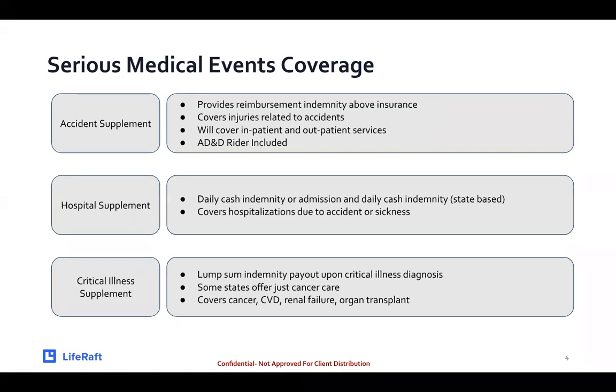It will cover cardiovascular illnesses, including heart attack and stroke, as well as renal failure and organ transplant. So, when we think about each of these lines of coverage, they are really meant to help, again, cover or reduce the out-of-pocket exposure where it is likely your client is going to be hitting their out-of-pocket max.